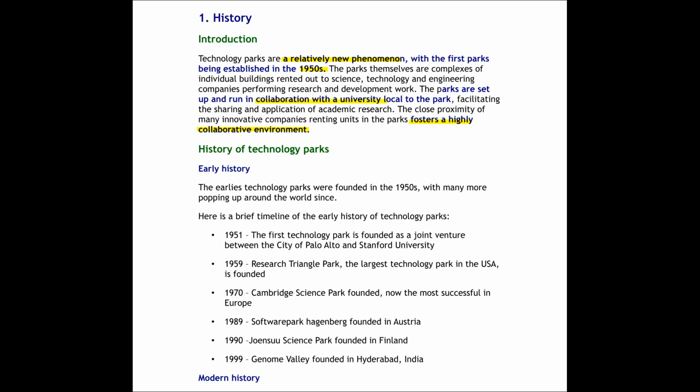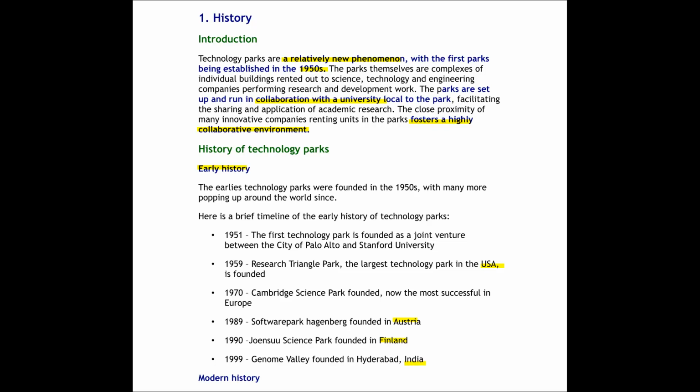So from the early history of technology parks, we can see that since the 1950s, parks have been established all around the world. And not only this, but more and more parks are being set up. If we look to the brief list of parks established in the early period, we can see that some parks were in the USA, Austria, Finland, and India. These are just some examples.